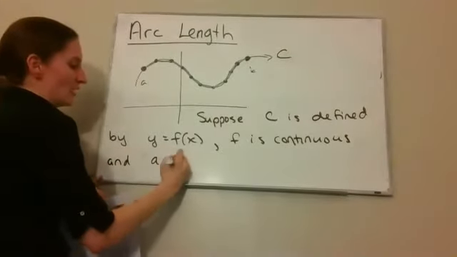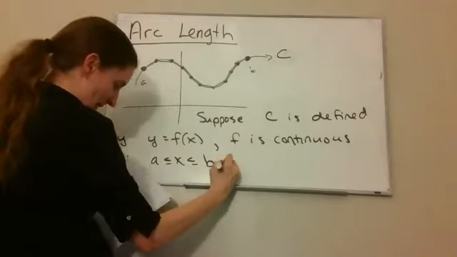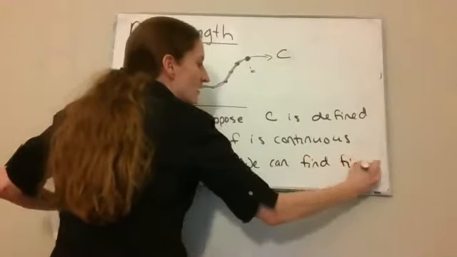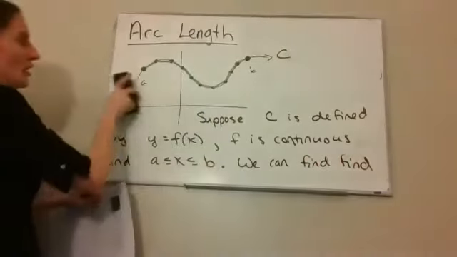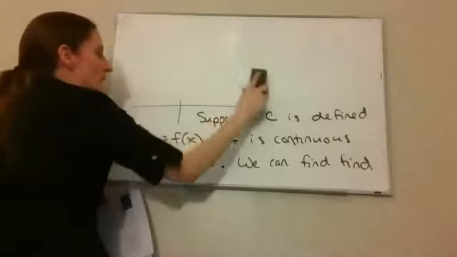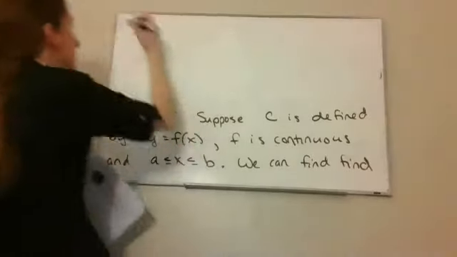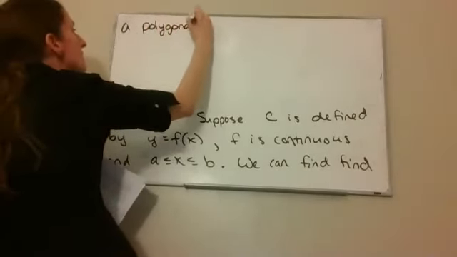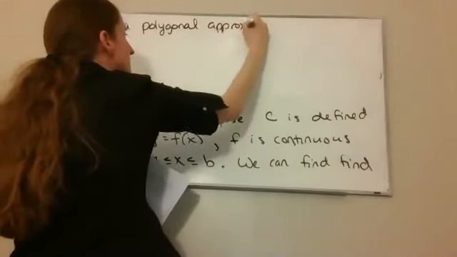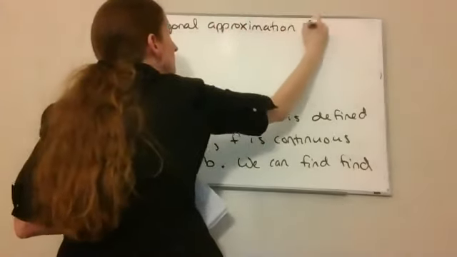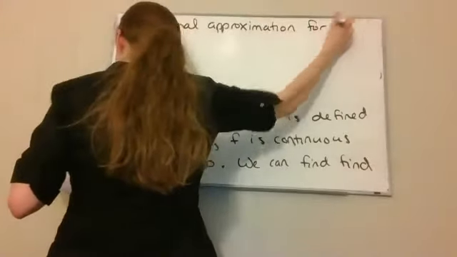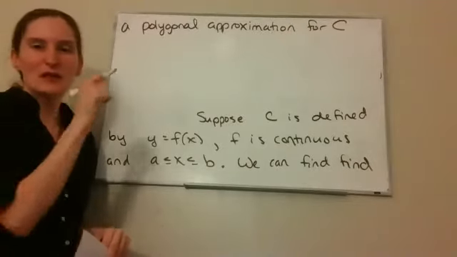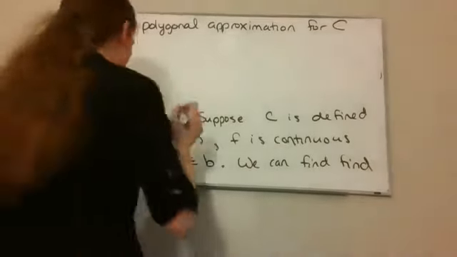And we're going to look between A and B. Then we can find a polygonal approximation for our curve C. And what that means is just using straight lines to approximate our curve.